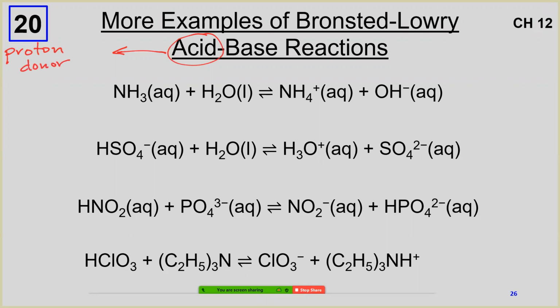A Bronsted-Lowry acid donates a proton. A Bronsted-Lowry base is a proton acceptor.